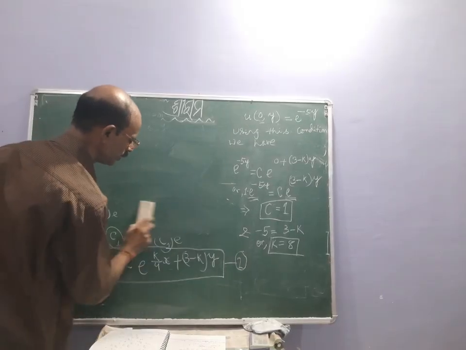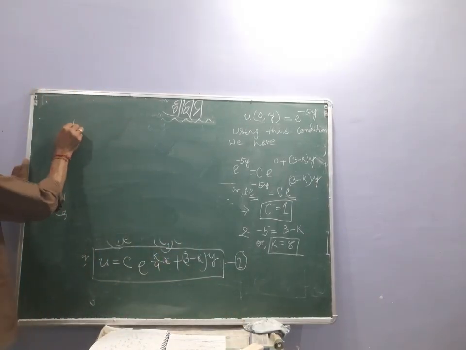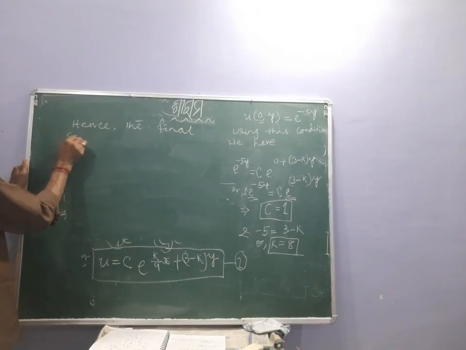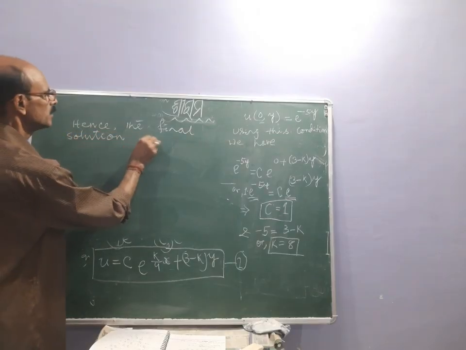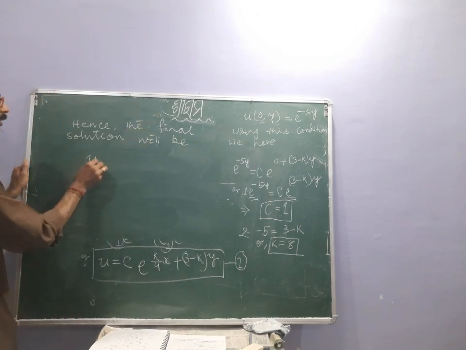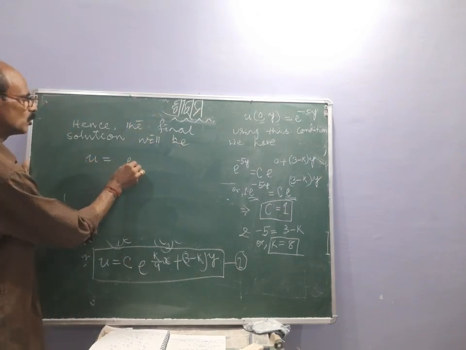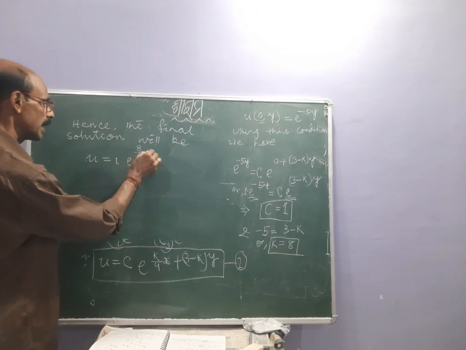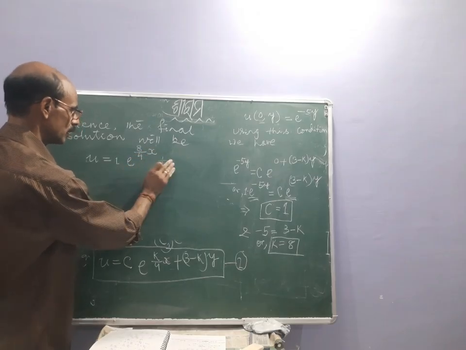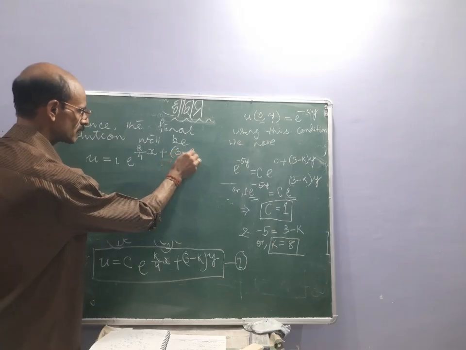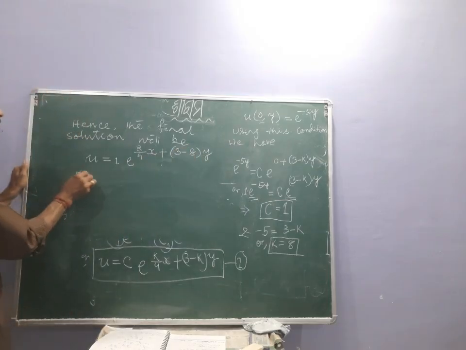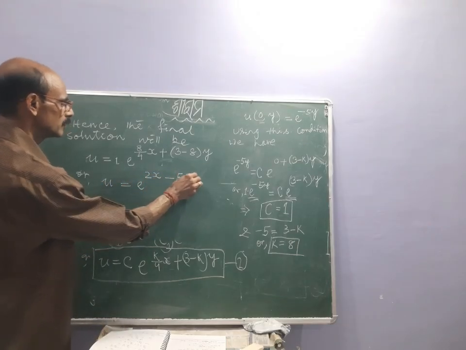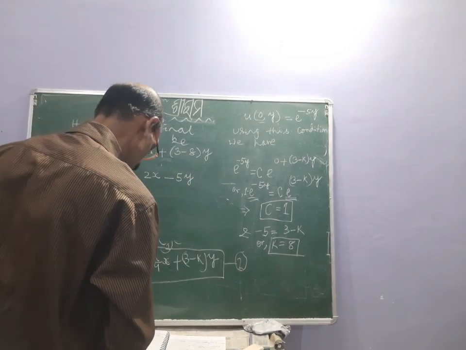The final solution will be u is equal to, in place of c use 1, so 1 into exponential k by 4, that is 8 by 4 x plus 3 minus 8 y, or u is equal to exponential 2x minus 5y, exponential 2x minus 5y.